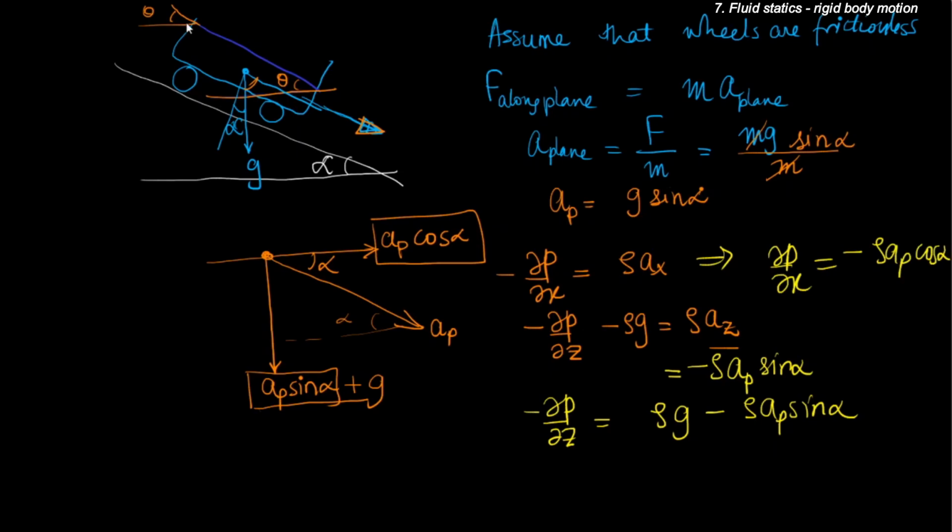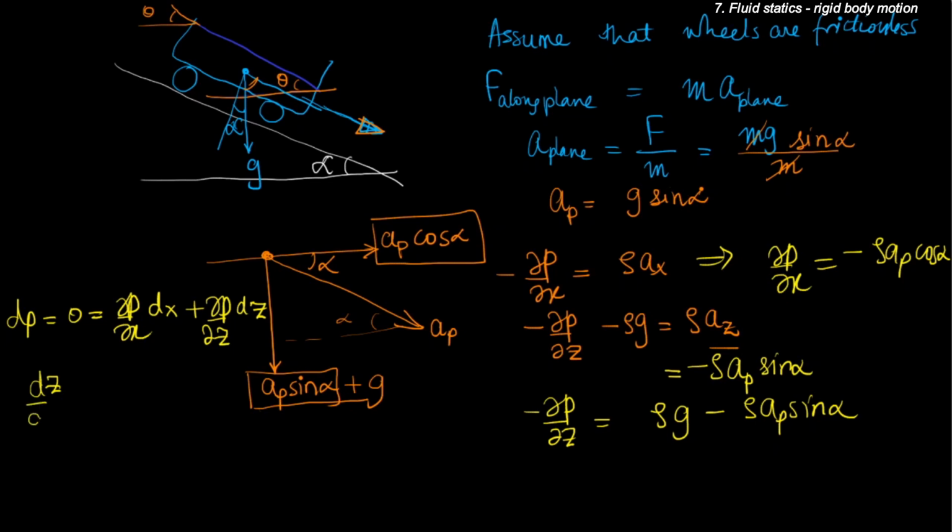So along the interface we have dp equal to 0, but dp can be written as del p del x dx plus del p del z dz. I keep writing it as y, but it's actually the z direction.